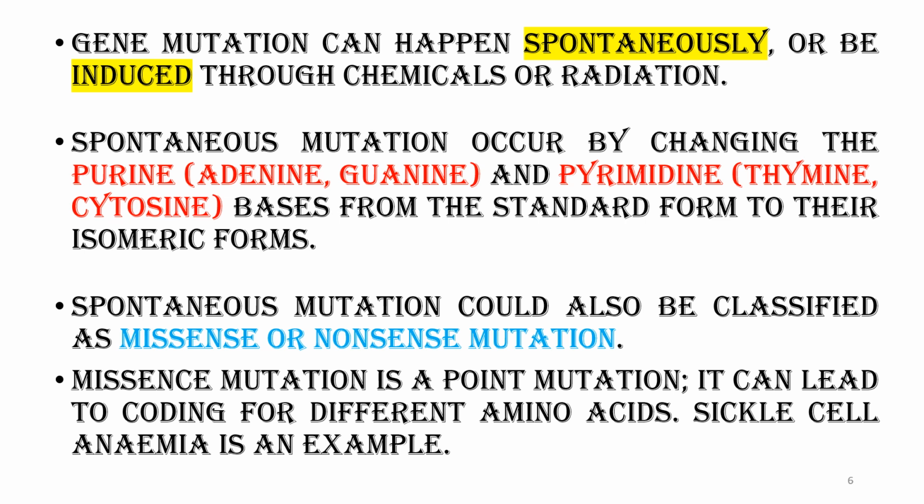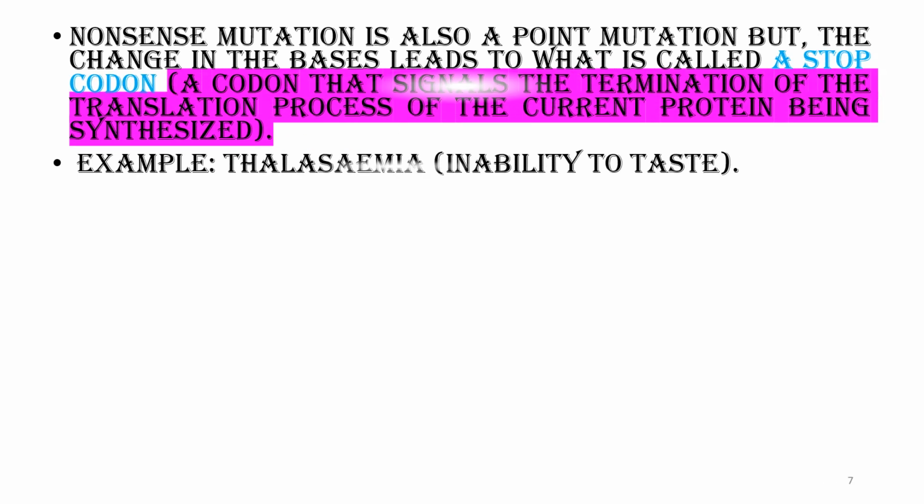Missense mutation is a type of point mutation, and it leads to coding for a different amino acid series. An example of a missense mutation in humans is the condition sickle cell anemia. Nonsense mutation, on the other hand, is also a point mutation, but the change in the genetic base will lead to what is known as a stop codon.